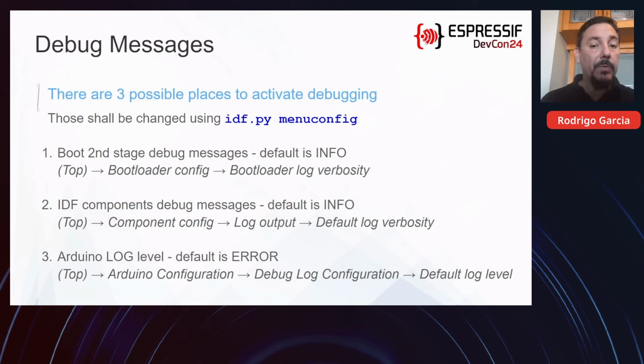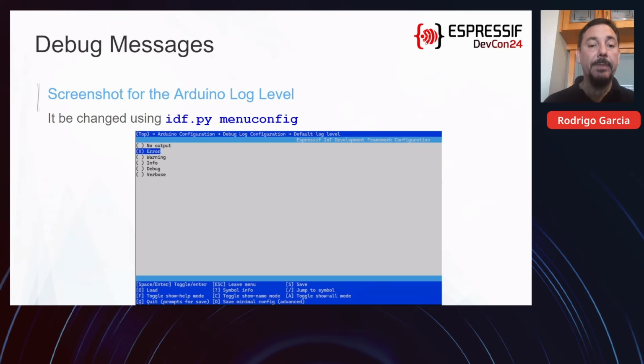The other way to do that is also by changing your sdkconfig.defaults file to include what is the level for each one of those parts. This is an example of how to change the debug level for Arduino.